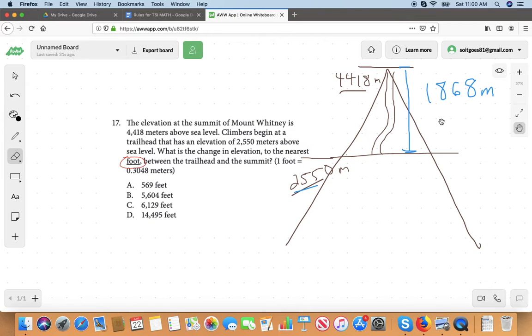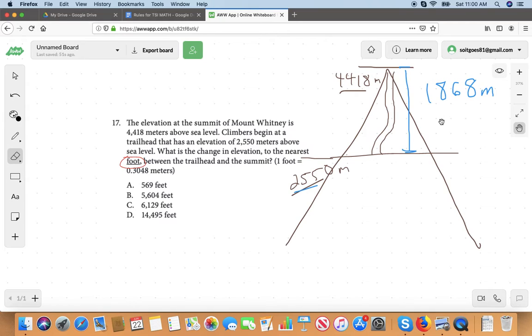So use your basic logic and estimation skills to check your work as you go along. Don't just settle on an operation and hope you got it right. We can confirm this using basic logic, so I feel pretty confident saying it's 1,868 meters. I can add those again just to double check, but I feel confident that's the right value.